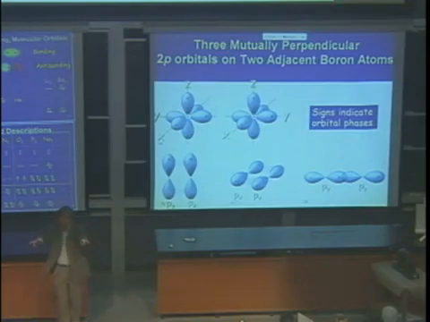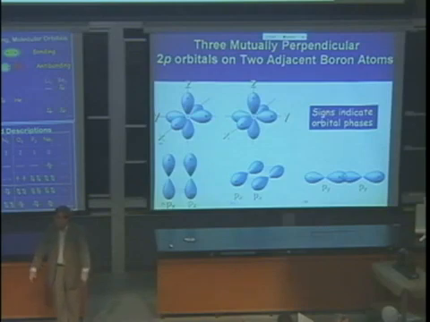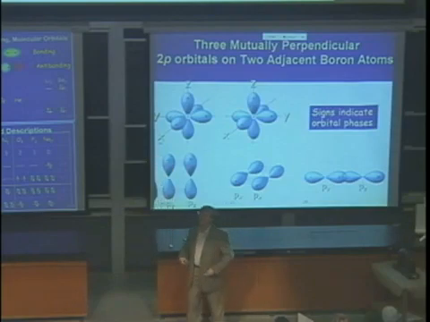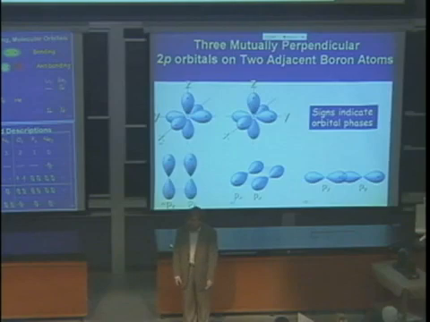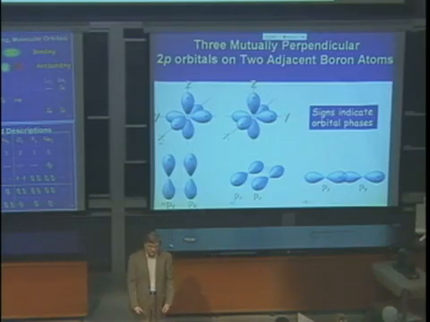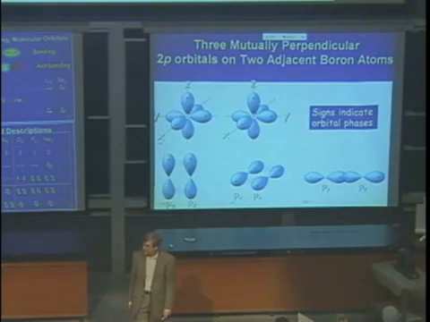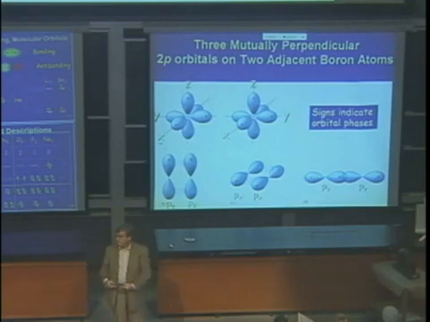They are laying parallel to each other, okay? So parallel is pi, and internuclear is sigma. And of course, then you have pi x bonding, and pi z bonding, and you have the same anti-bonding.